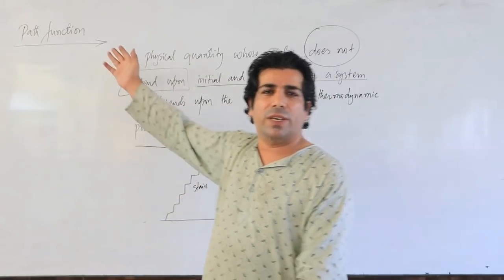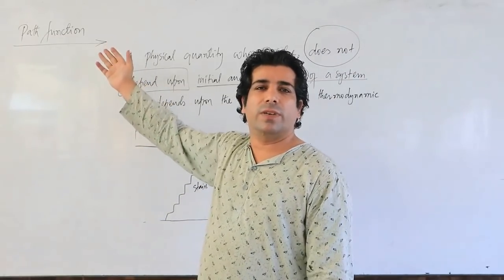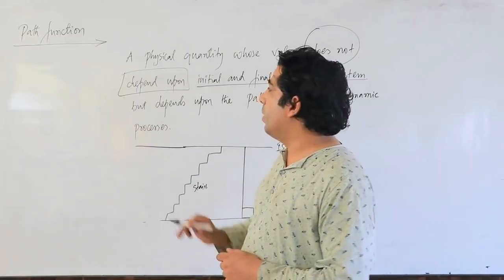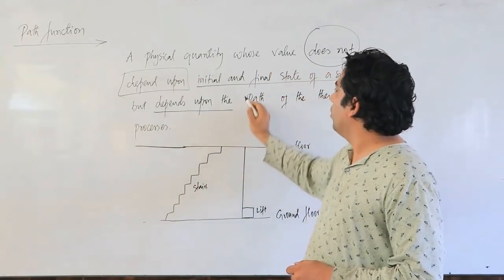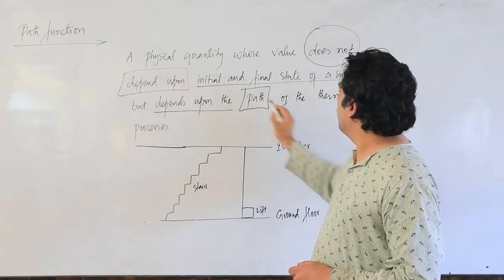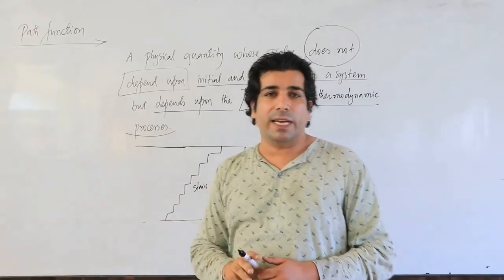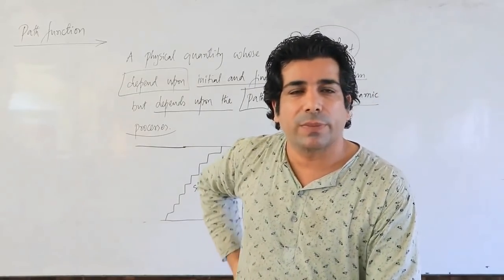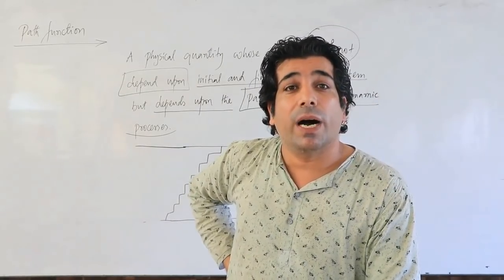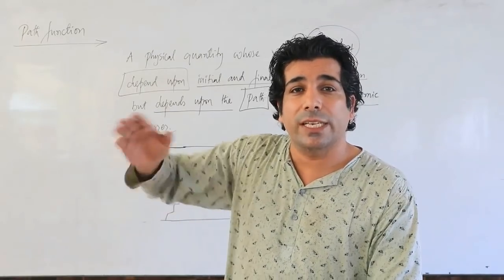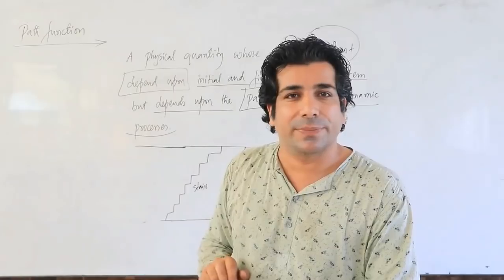But the value of a path function does not depend upon the initial and final state of a system, but it depends upon, obviously, the path of the thermodynamic process. So the value of a path function depends upon the path of the thermodynamic process. It does not depend upon the initial and final state of the system.